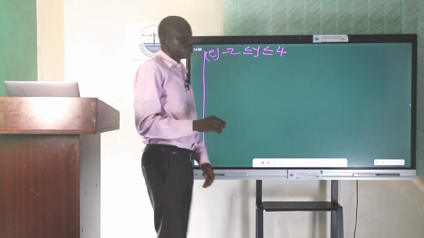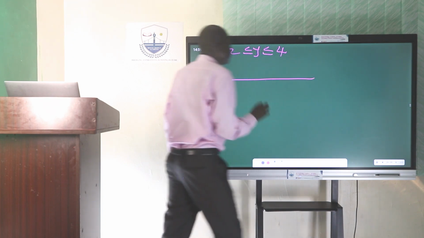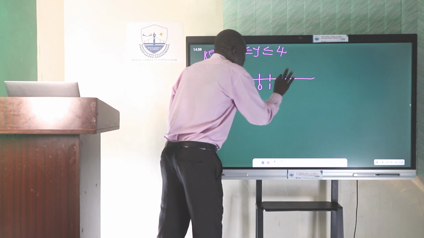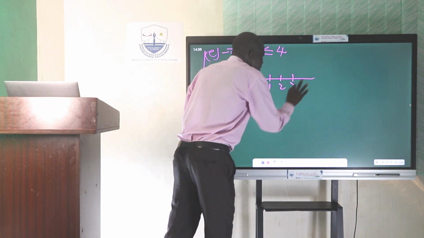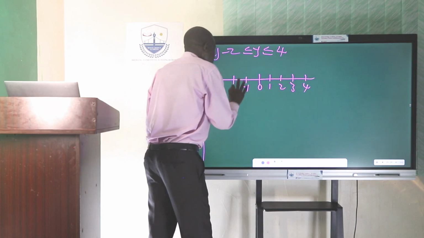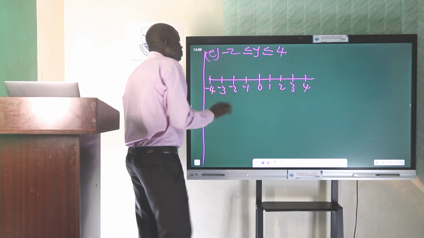We want to show this also on a number line. This will be in this form. This is 0, 1, 2, 3, 4, and negative 1, negative 2, negative 3, negative 4.